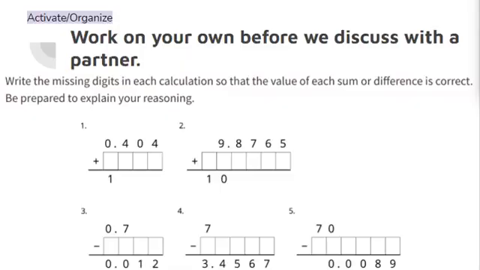Let's look at some missing number ones with some vertical though. So, unfortunately, we're not going to be able to work with a partner on this one, but if 1 is my answer here, what am I missing digit-wise? Well, I need zeros in all these places, right? And something that is enough here that when I get done, it makes this into 1. Well, I'm going to need a 6 here. 6 plus 4 is 10.